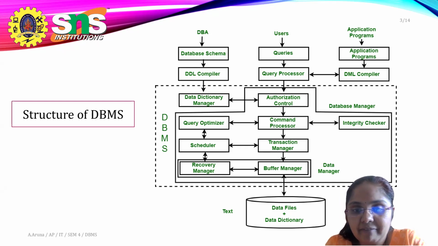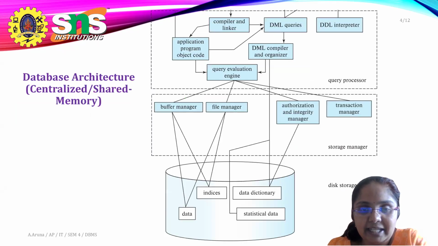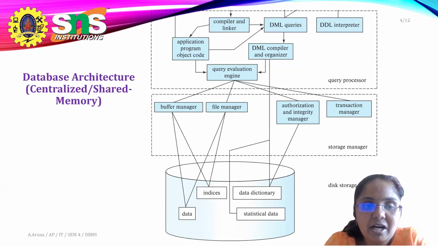Here you have two things: one is a database manager, another one is a data manager. These work together to access the user request. Based on the request, it will be processed and sent to the data files or the data dictionary. Through that, it will retrieve the data, and again return it back to the user who requested the data. So this is the overall architecture.